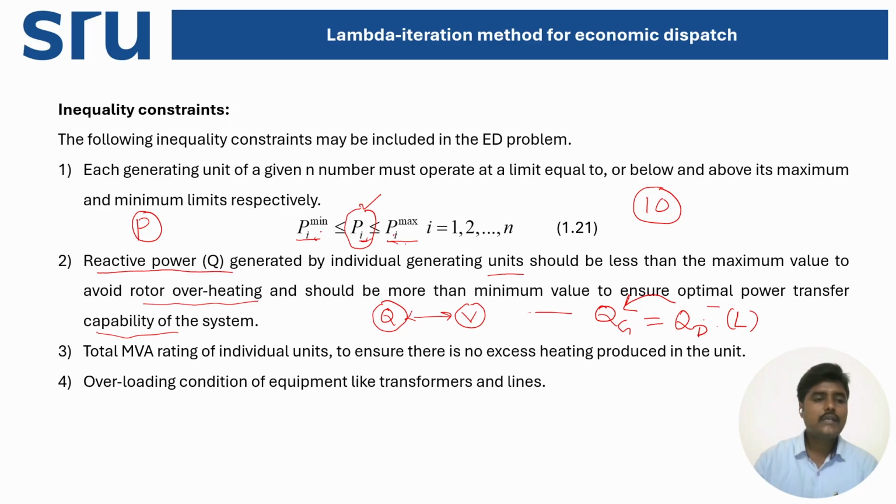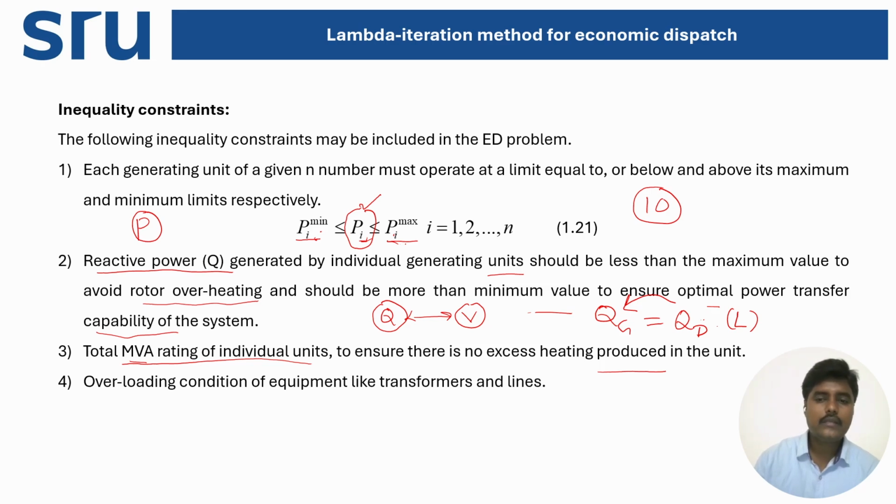The next constraint is the total MVA rating of individual units, to ensure there is no excess heating produced in the unit. Each and every electrical equipment available in the power system should not operate beyond its maximum kVA or MVA rating, because there is a relation between MVA or kVA rating and the temperature rise.